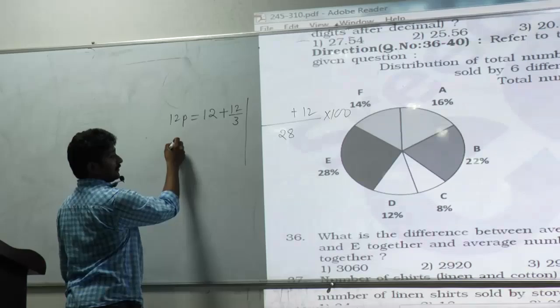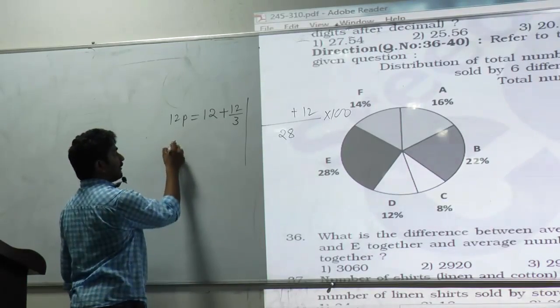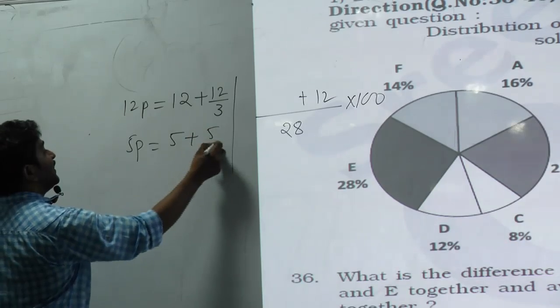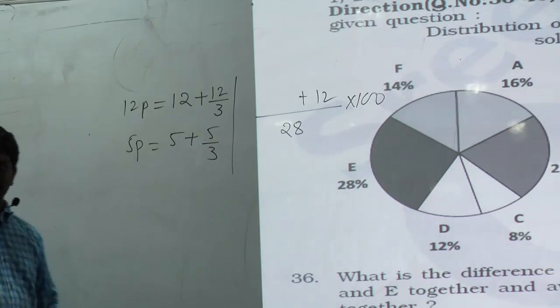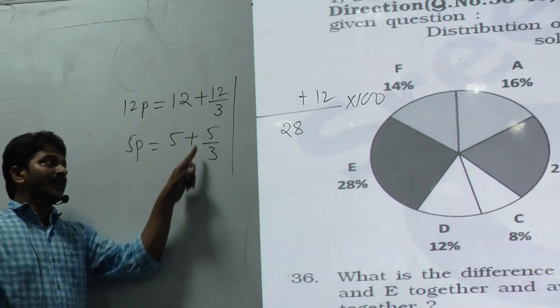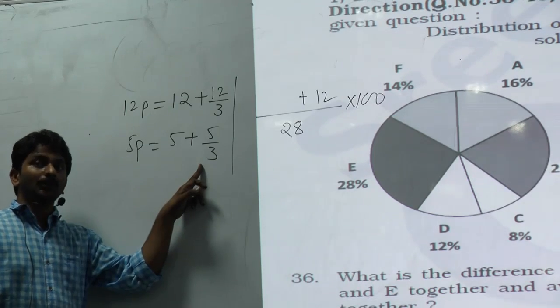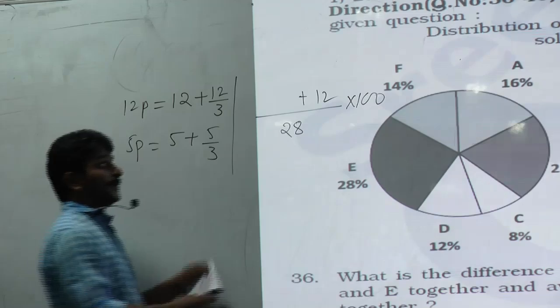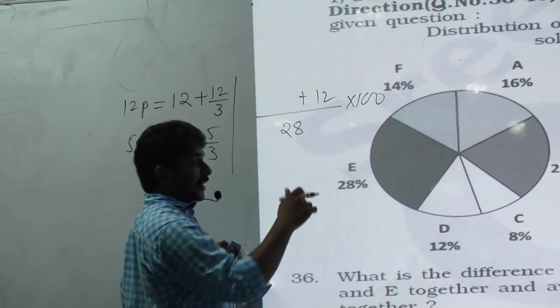Got it? Now how many parts do you need? Cotton 5 parts will be equal to 5 plus 5/3. What is 5/3? 1 2/3. 5 plus 1 2/3 is 6 2/3.